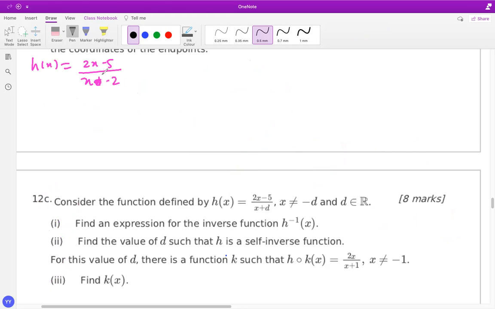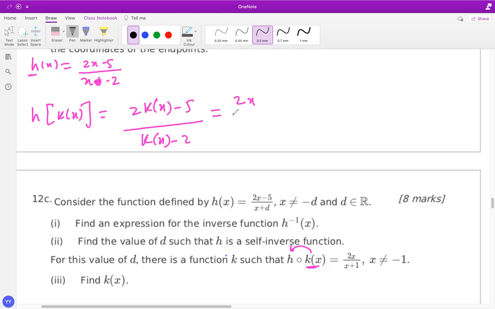Now h of k of x equals 2x upon x plus 1. If you are given an outer function and an unknown function that you're substituting, then h of k of x will become 2 times k of x minus 5 upon k of x minus 2. This should equal 2x upon x plus 1, because that's my answer.